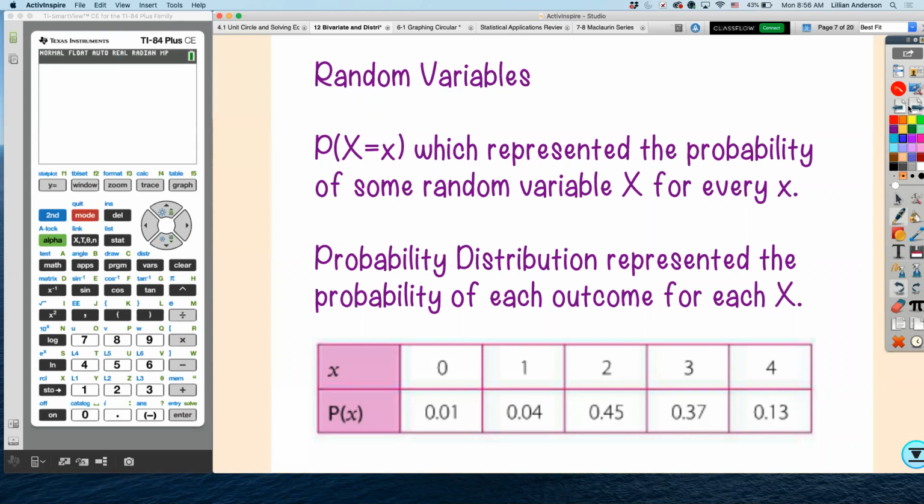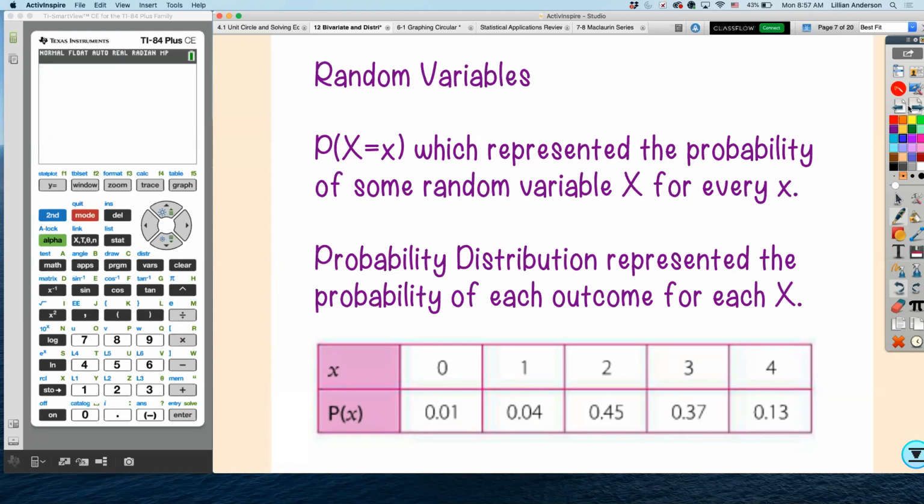A probability distribution is a table that represents all of the different outcomes for your random variable and their respective probabilities. Okay, so in this example that I pulled, the different X values that you can have are 0, 1, 2, 3, and 4. That could represent having, in a pack of 4 batteries, 0 of them being defective, 1 of them being defective, 2 of them being defective, and so on and so forth. Then you have your respective probabilities underneath them. What's the likelihood of those probabilities actually happening?